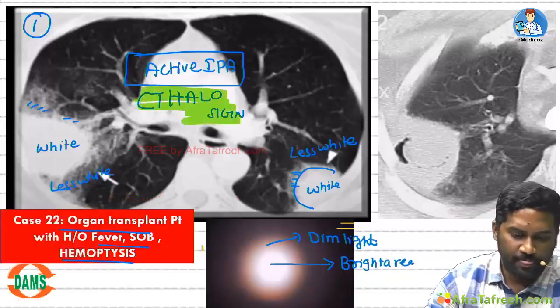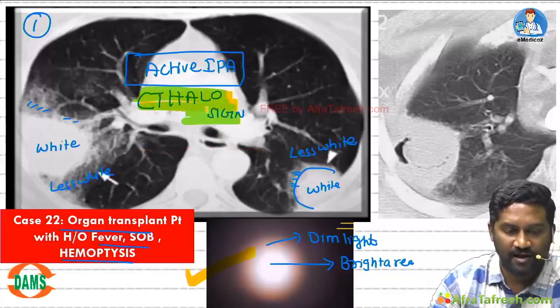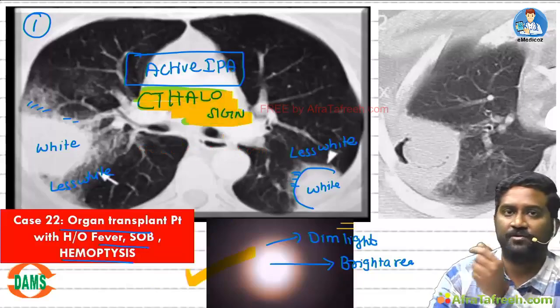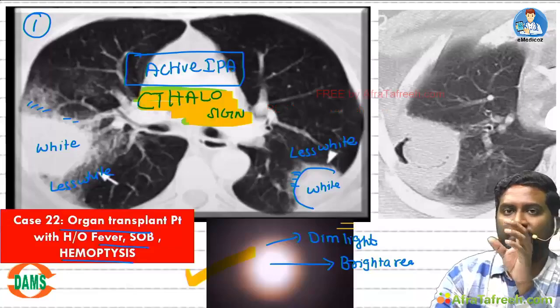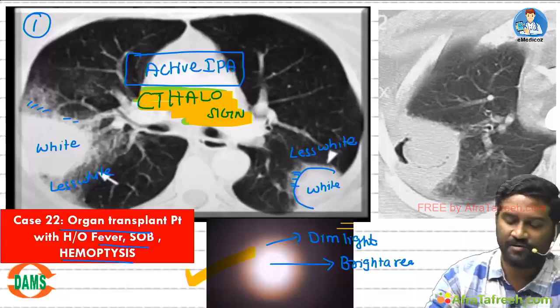Remember students, this image is romantic for so many people, whereas this sign is always problematic to a patient. Because you are seeing the same pattern, central bright, peripheral less bright or dim, central white, peripheral less white. So that is halo. It was seen in a CT scan, so it was called CT halo sign.